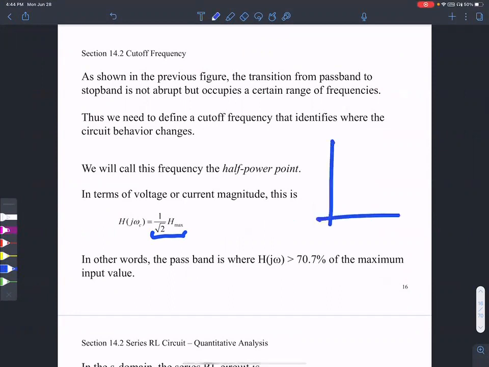If you plot it in dB terms, a 3 dB roll off is considered to be half power bandwidth. Now, in terms of the voltage or current, the magnitude at the half power point is going to be 1 by square root of 2 of the maximum magnitude.